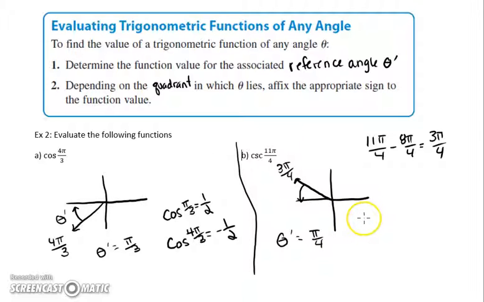Cosecant is going to be 1 over the y value. The y value here, or I'm sorry, at pi over 4, so cosecant of pi over 4 is 1 over radical 2 over 2, which is just 2 over radical 2. If we rationalize, we're going to get just radical 2.